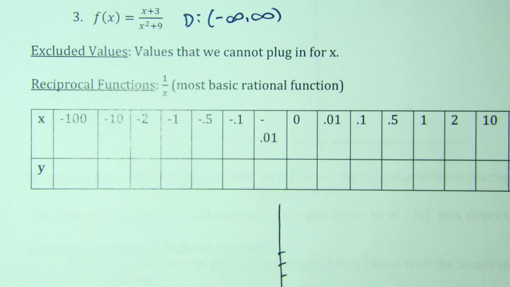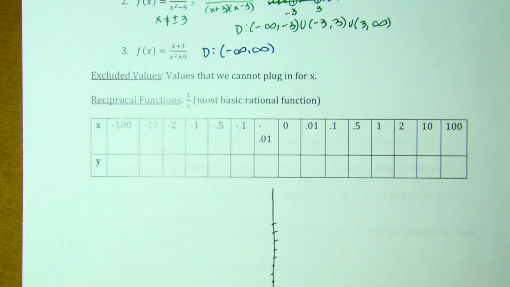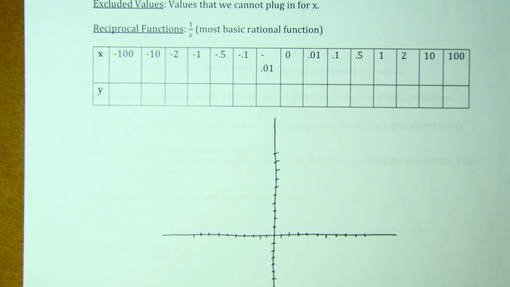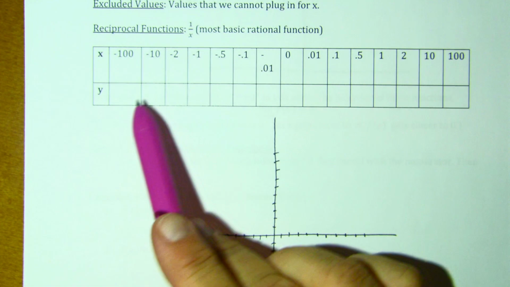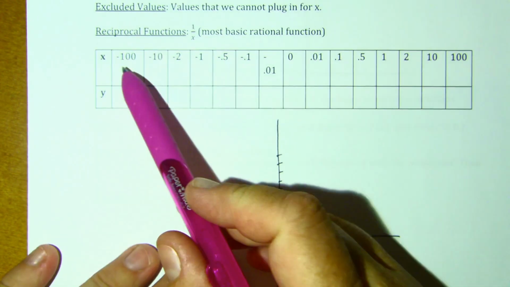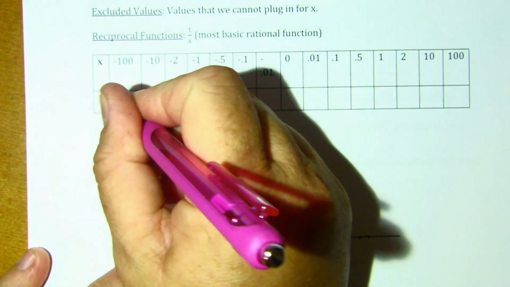The next thing we're going to look at with rational functions is our most basic rational function, and that's the function 1 over x. And when we are working with this function, if I wanted to plug in a bunch of values just to first discover what the function looks like, we can do that. So I'm going to plug in these values. Plugging in -100, that would be -1 over 100.